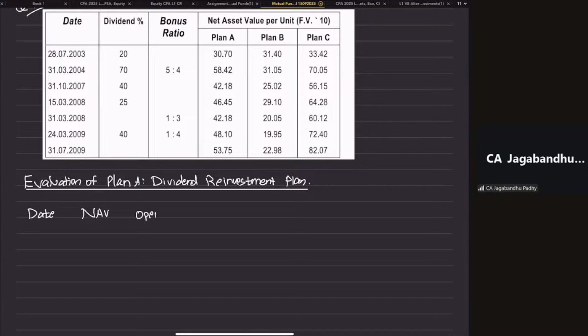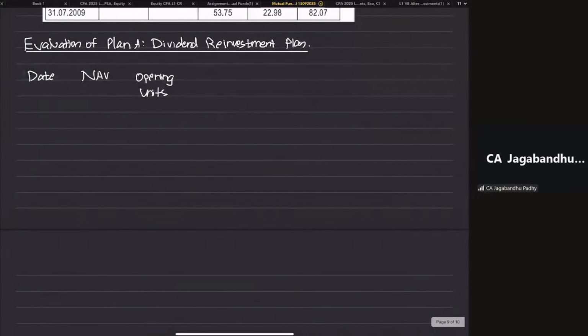Then we talk of opening units. Then we consider the dividend percentage given to us.